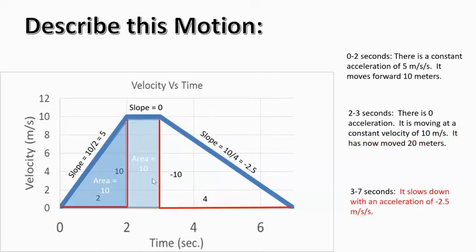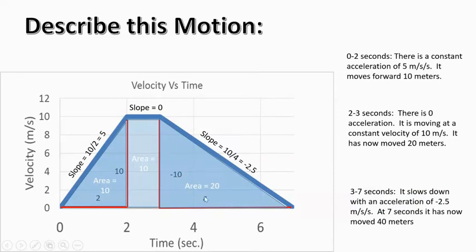And for the final 4 seconds where it's slowing down, the slope is negative 2.5, okay, because it goes down 10 and over 4. And if you divide that, you get negative 2.5. And we can find the area of this triangle here. 1/2 base times height would be 1/2 of 4 times 10.